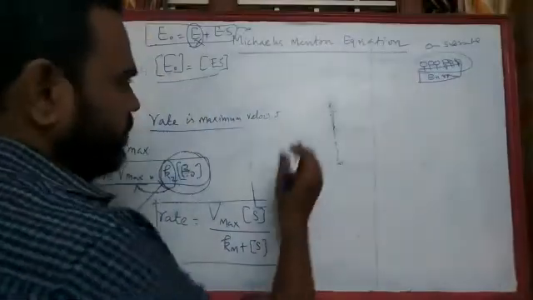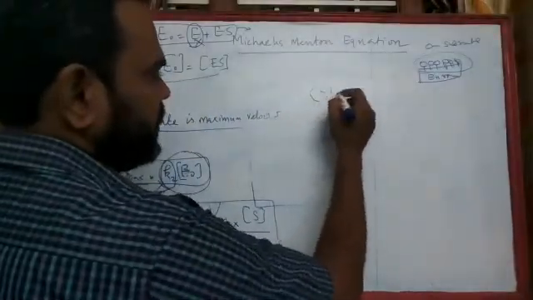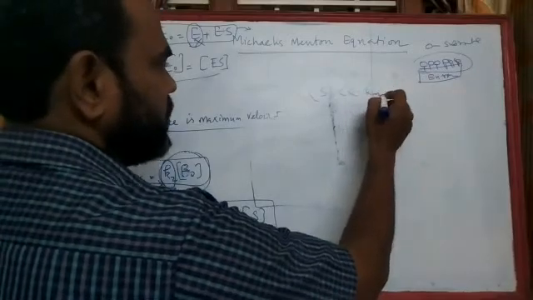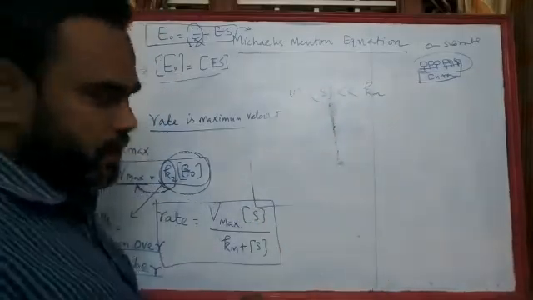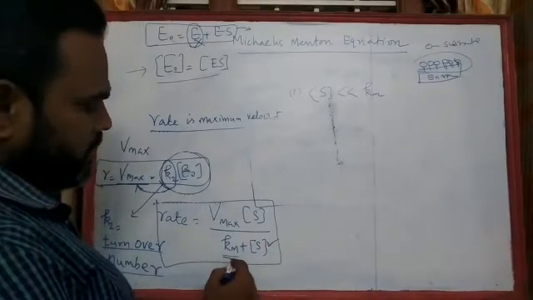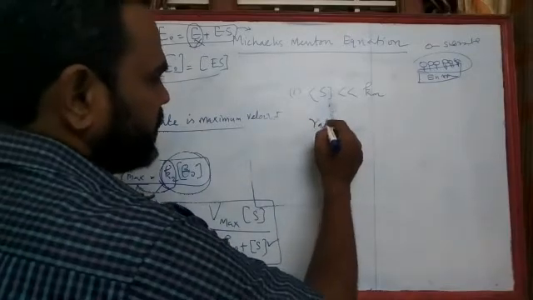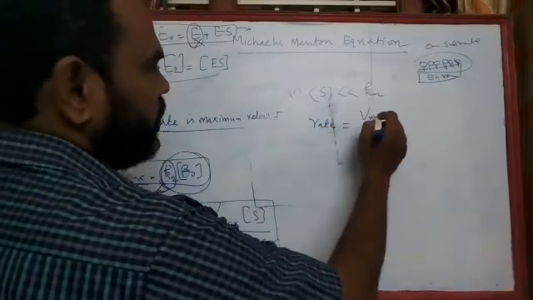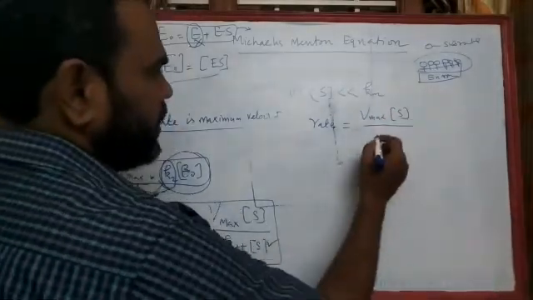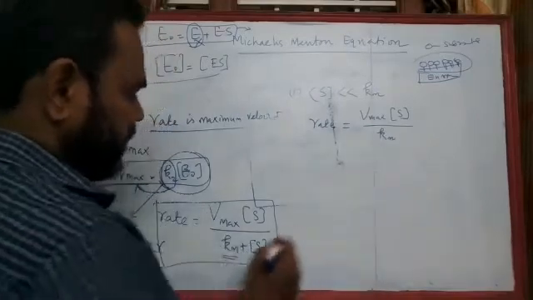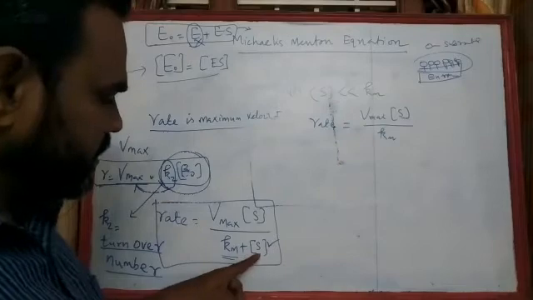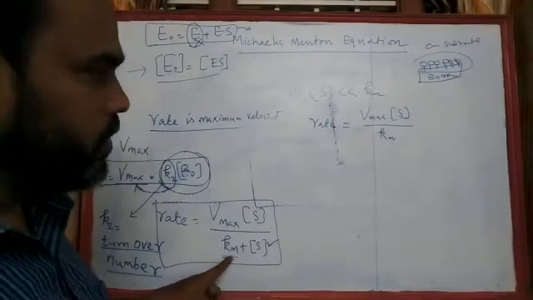Okay, so in case 1, the substrate concentration is very low when compared to the Michaelis constant Km. The rate of the reaction becomes equal to Vmax into the concentration of S divided by Km, because at very low substrate concentration, S is negligible when compared to Km.